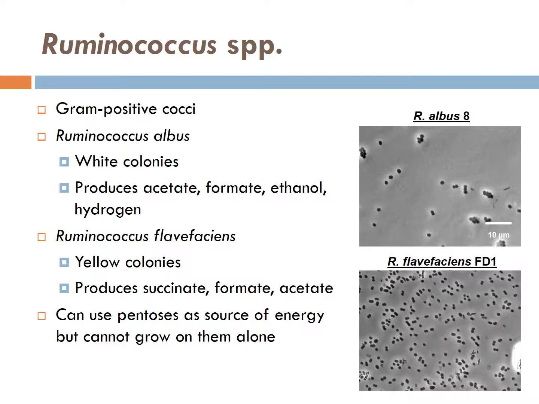It may not be inherently important that Rumenococcus albus forms white colonies and flavifaciens produces yellow colonies, but this is one of the ways that we distinguish them as separate species. They can use pentoses as a source of energy, but they cannot grow on them alone, and so they are rather specialized on cellulose.